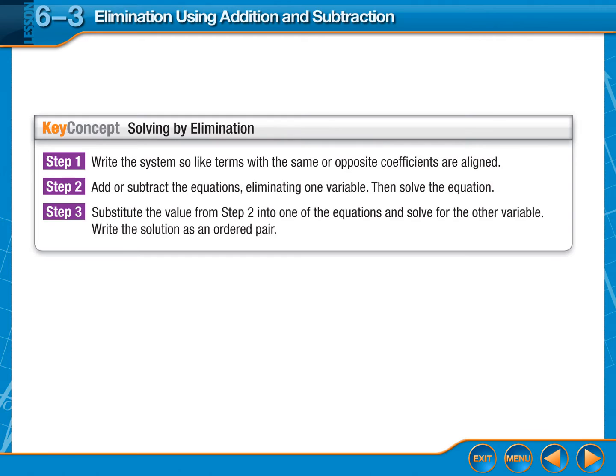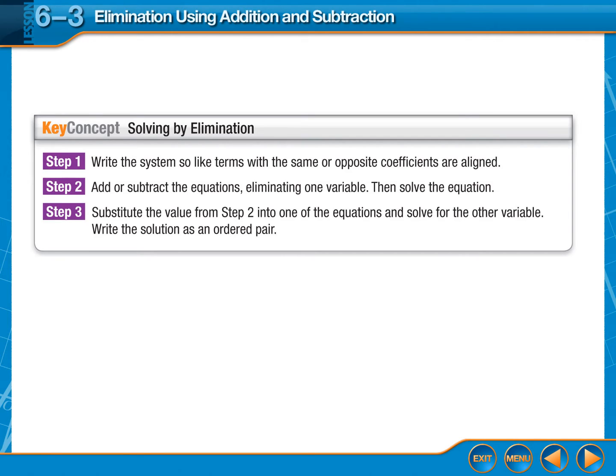There are some steps to solving using elimination. The first thing is we want to line up the two equations that we're working with so that the x and y variables are lined up with each other. That allows us to see the like terms, and we're looking for coefficients that are either the same or opposite.